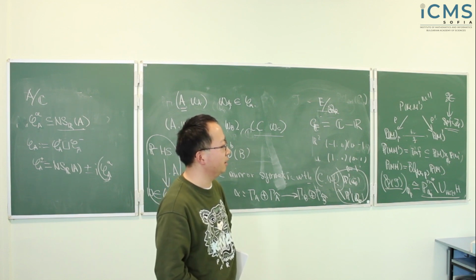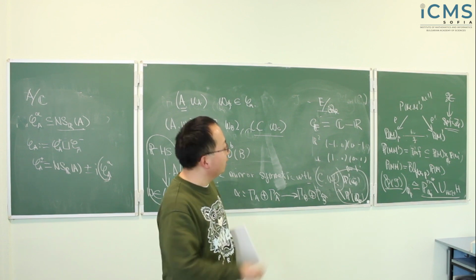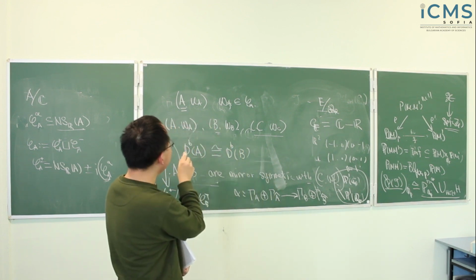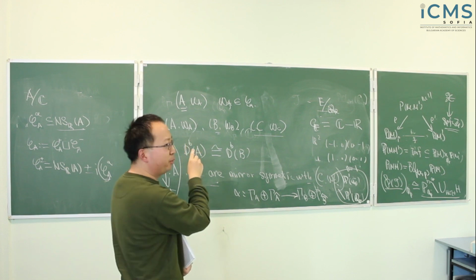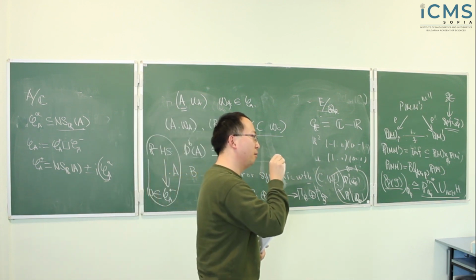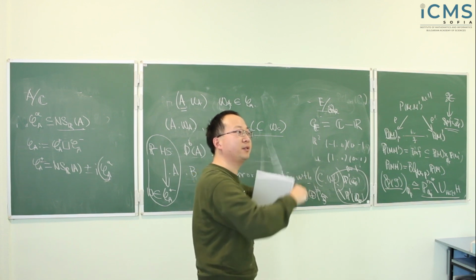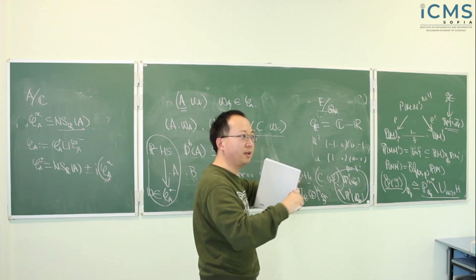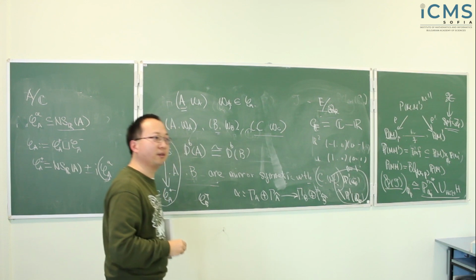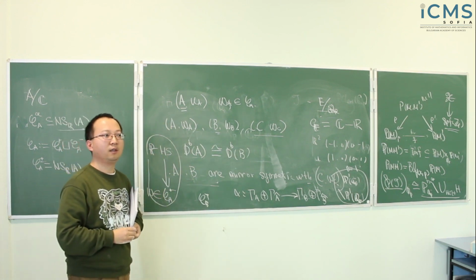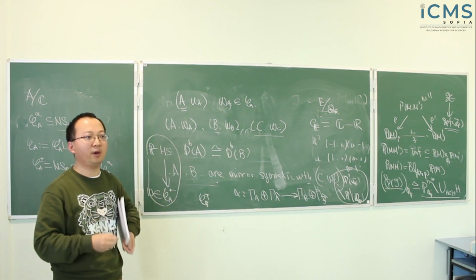They can embed the Berkovich tree into the Berkovich analytification of the space itself, so it could be considered as a kind of skeleton of that space. Yeah, it's very similar to that.